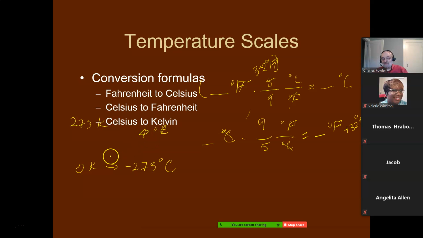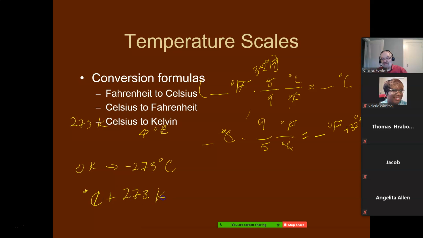So what's the answer here? If you're starting with degrees Celsius and you're trying to get to Kelvin, what you do is add 273.